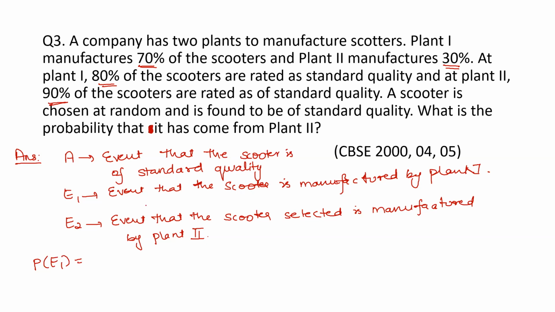P(E1) means the event that the scooter is manufactured by plant 1. Yes, that's correct, 70%. 70% means 70 by 100. And P(E2) is 30 by 100.